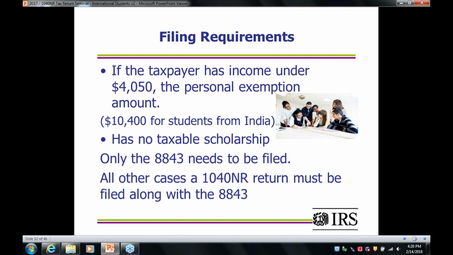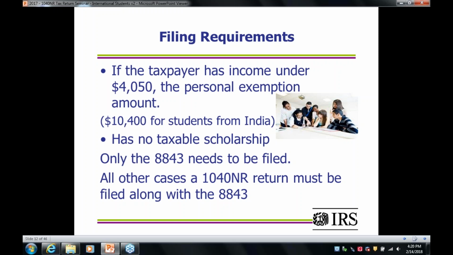1040NR. The one exception to this is instead of only the $4,050 personal exemption, students from India get one treaty benefit, and that is they also receive the standard deduction. Again, from your advanced resident course, the standard deduction for this year is $6,350.